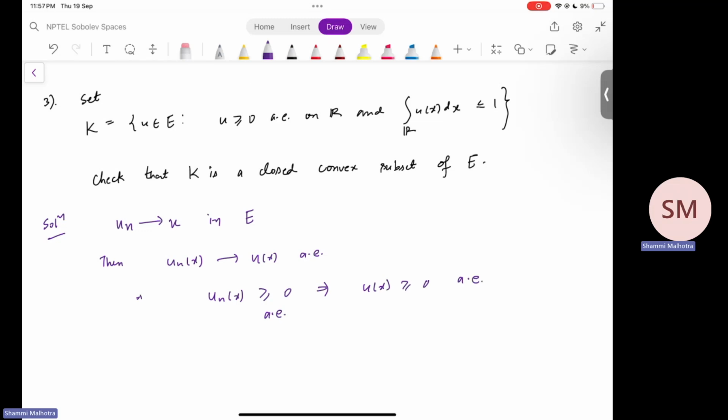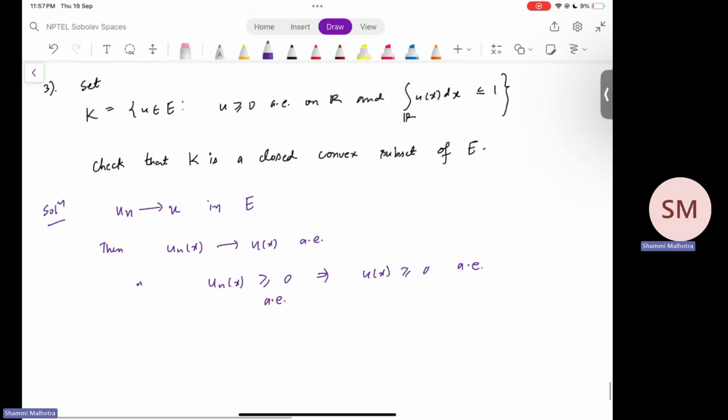So we can take a set F1 to be all those points where u1 is negative, then I can take the set F2 to be where u2 is negative, and I take the union, and that again has measure 0. Ultimately this will give me that u(x) is non-negative almost everywhere.